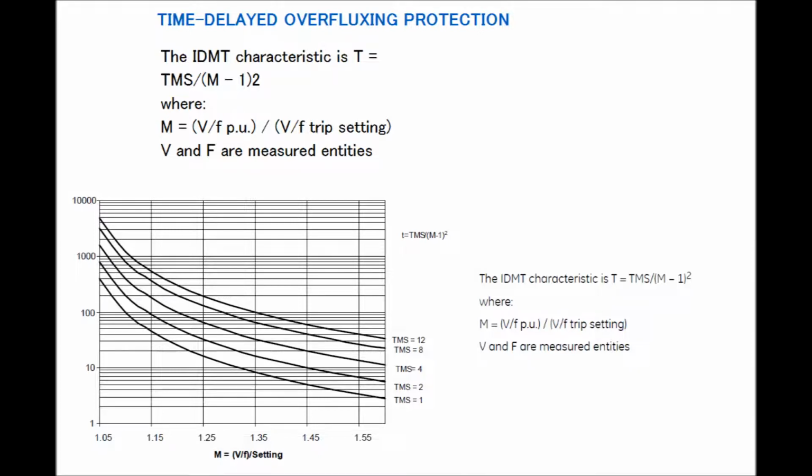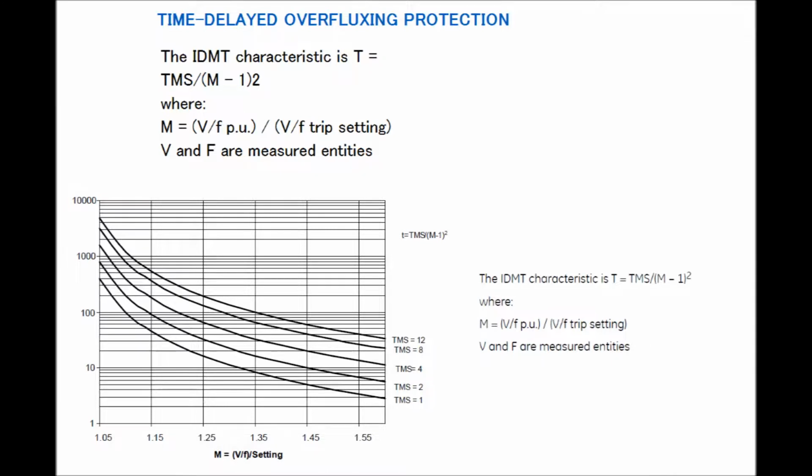For different values of the TMS, that is 1, 2, 4, 8 and 12, and for the same value of M, that is the measured voltage by frequency ratio to the setting given by the relay, the trip time will differ for different values of the TMS as given by the five different characteristics.